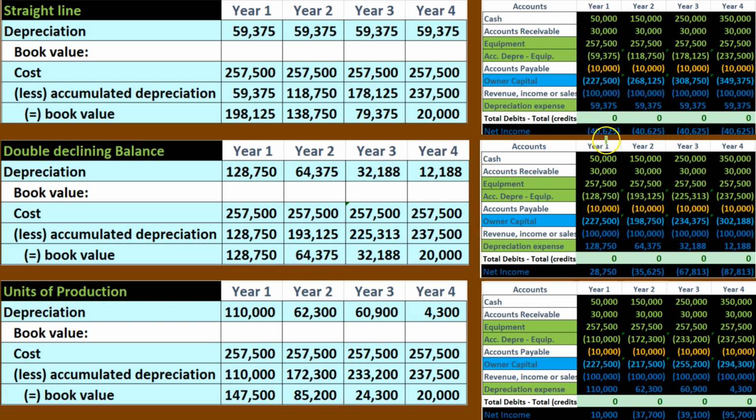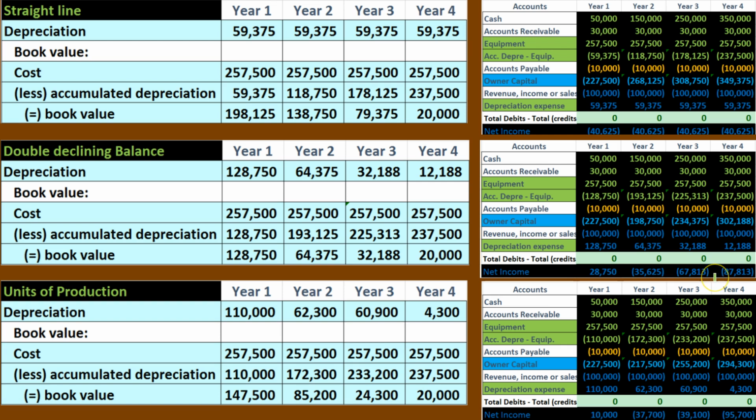And the net income effect would be an even net income over the useful life, if all else was equal and we made $100,000 each year, with the only changing factor being the depreciation expense. Whereas down here we just saw that we have $100,000 and the depreciation is front loaded, and therefore we have a loss, and then we have income in later years.